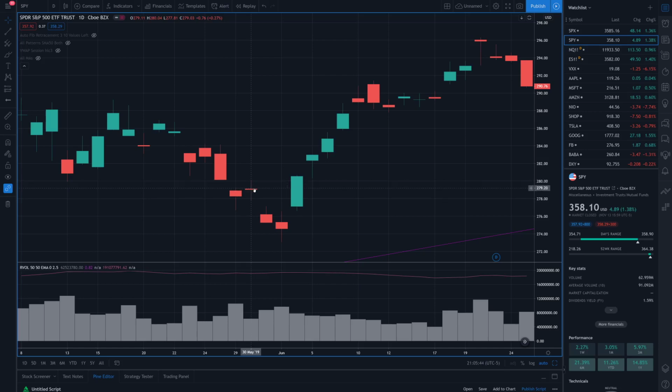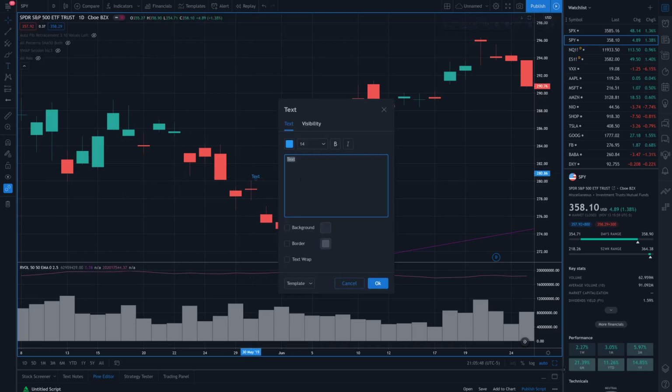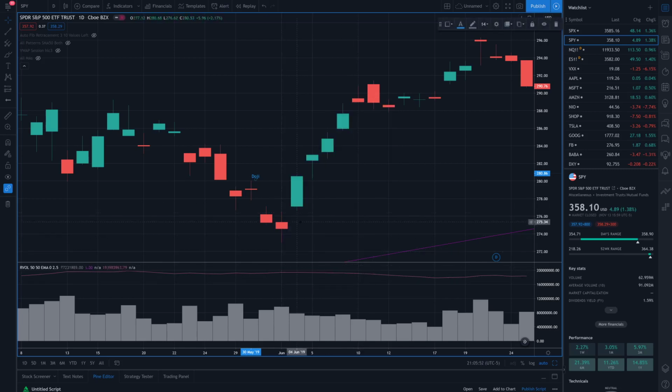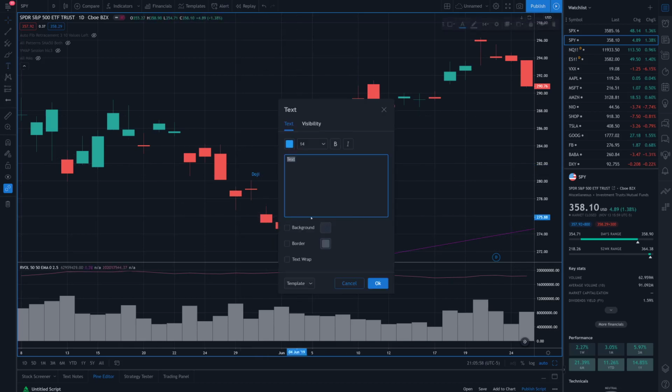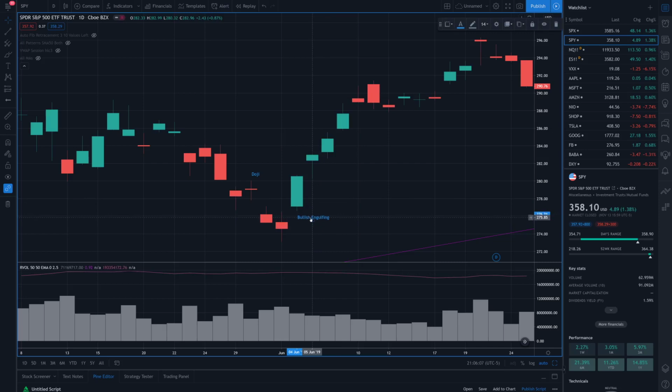This type right here is called a doji. Let me label that there. Let me label this bullish engulfing candle.